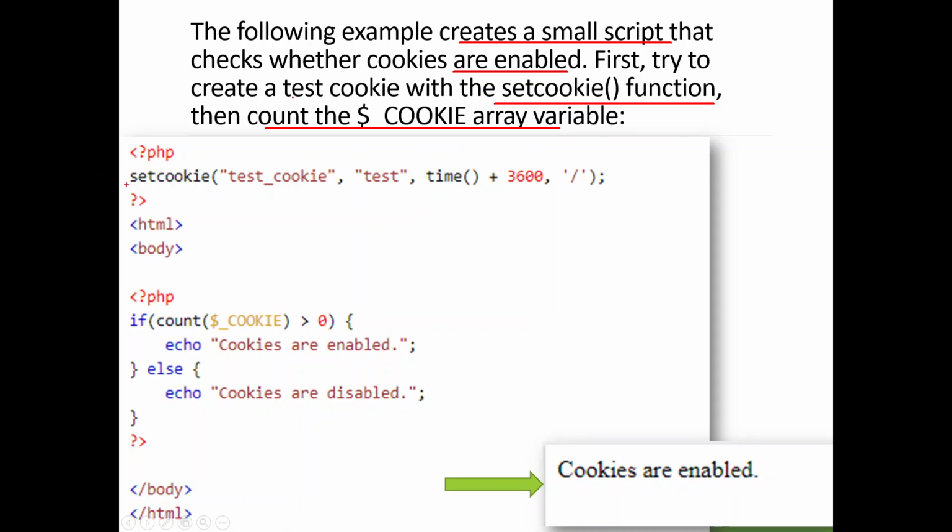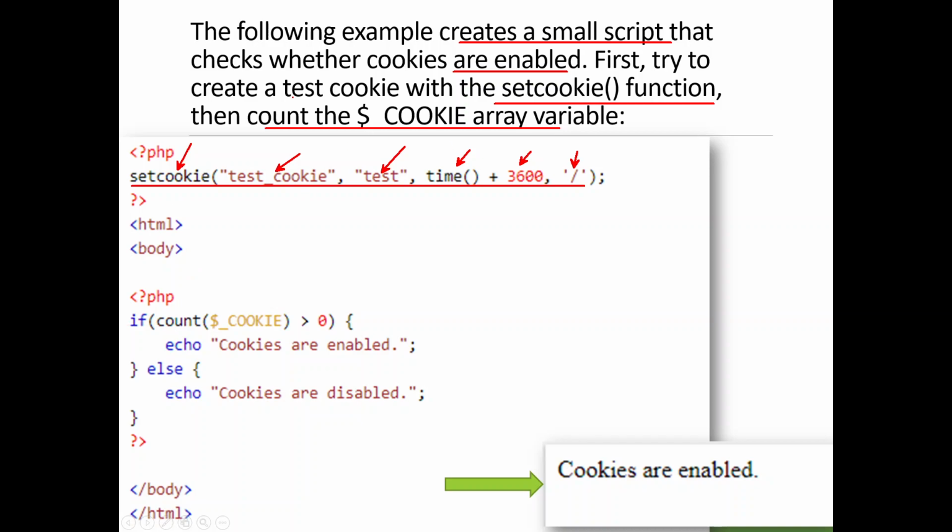Okay, so here we are setting the cookie. Sometimes my keyboard does not work, or is it slow? Setcookie, then the name of the cookie is test_cookie, the value is test. Then the time, we want it to last for 1 hour, and then this is the path.